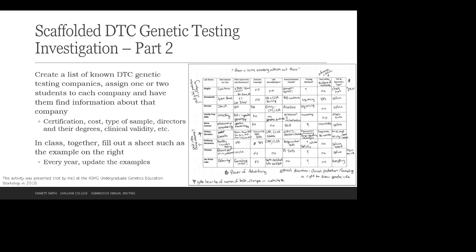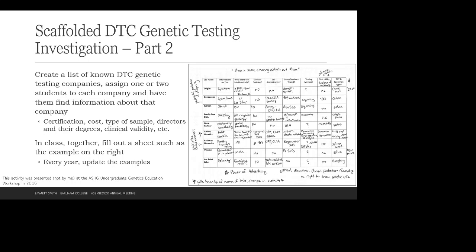Are they CLIA certified or not? Some places aren't. What type of sample do you have to give them? Spit, blood, something else? How much does it cost for one of these tests? Who are the directors? Do they have degrees? Can you even find that information on these websites? What's the clinical validity of these tests, and so on.